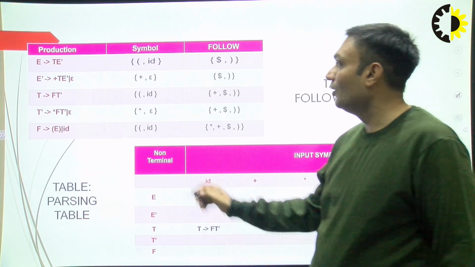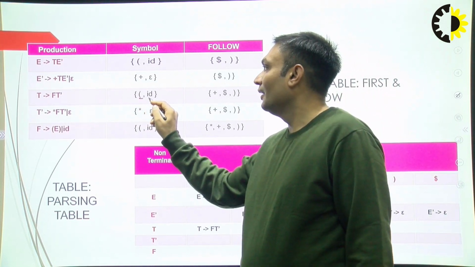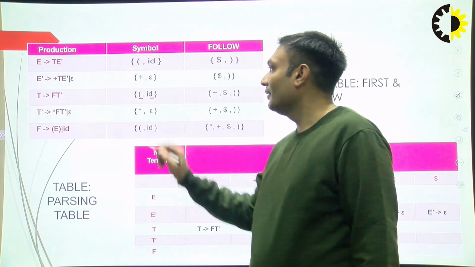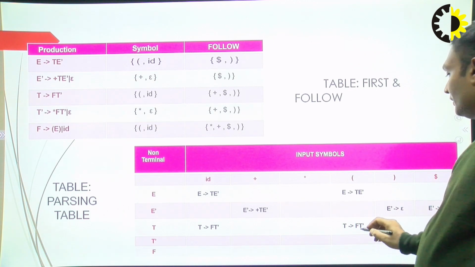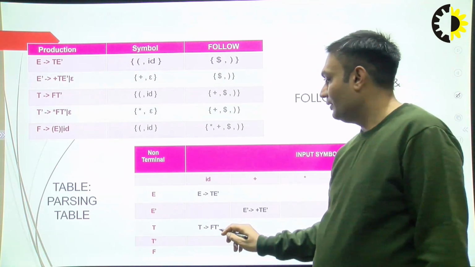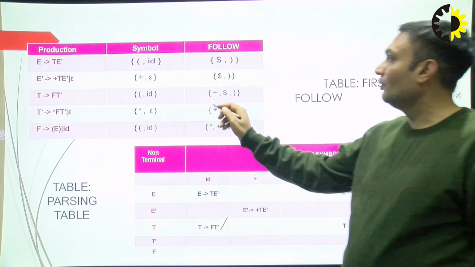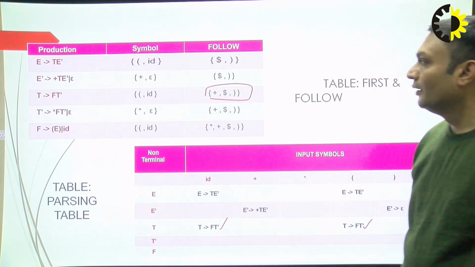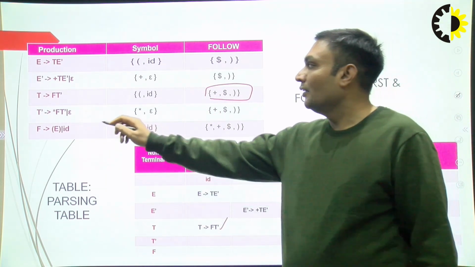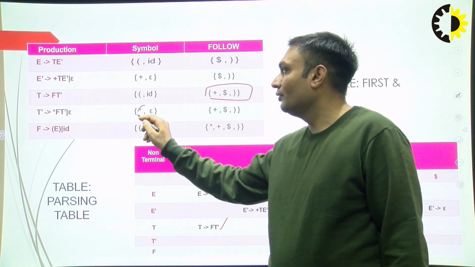Similarly, for T to F T dash, we will write it at the places of open bracket and ID. There is no epsilon, so we don't need to see the follow entries. Again, T dash to star F T dash will be put at the place of star.